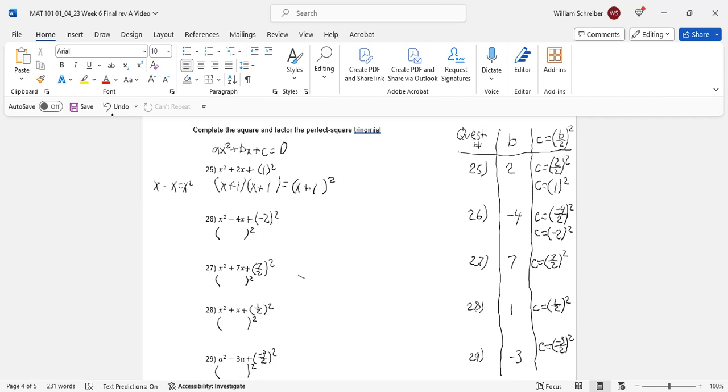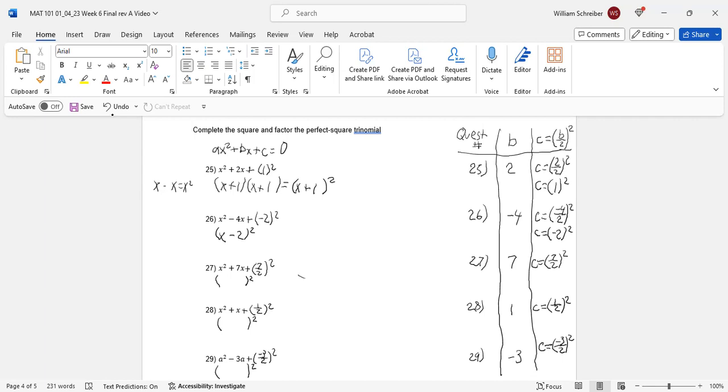The variable is the variable you see in problem 26, so that's going to be x. And then what's the number? It's the number inside this bracket over here for the c value. That's -2. And that's it. That's how we factor it. This is complete now. We completed the square, like they say, and we have factored it. The factor is x minus 2.